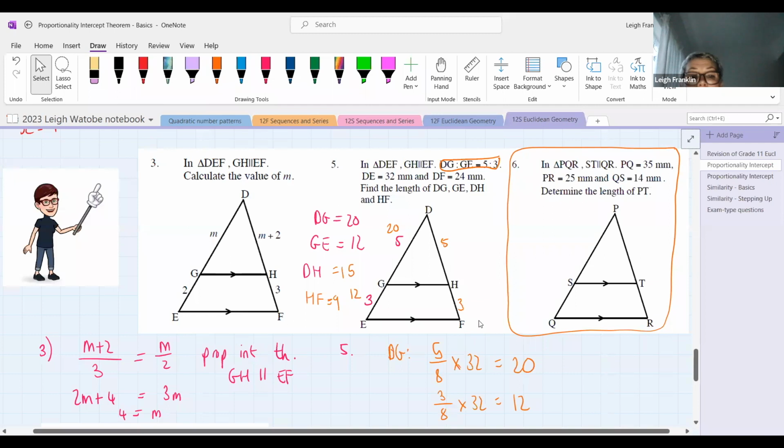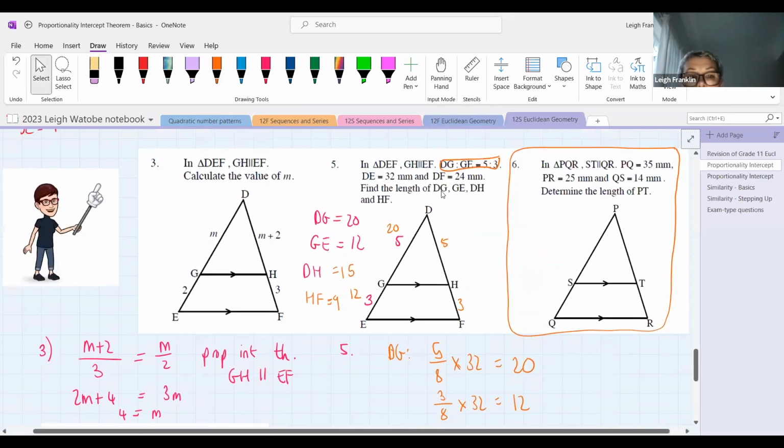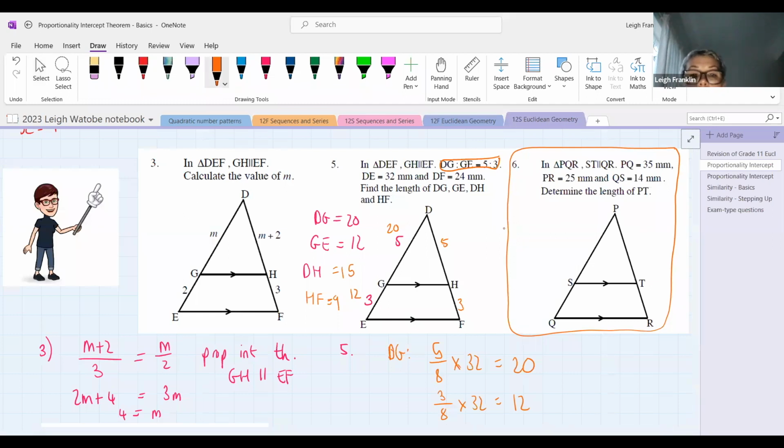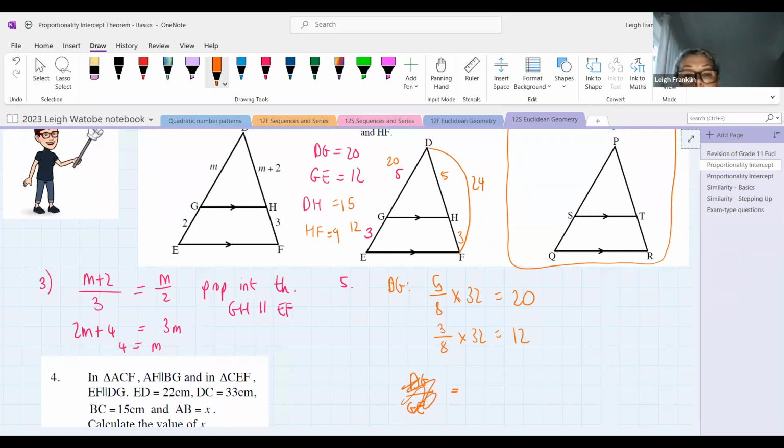Then when they asked us for DH, we know that DG over GE is equal to, what have they given us? We know over here that this entire side is 24. In the same way, we're working with proportion.